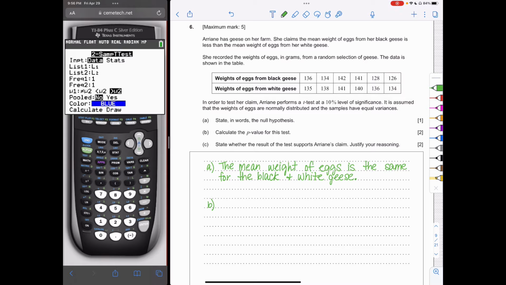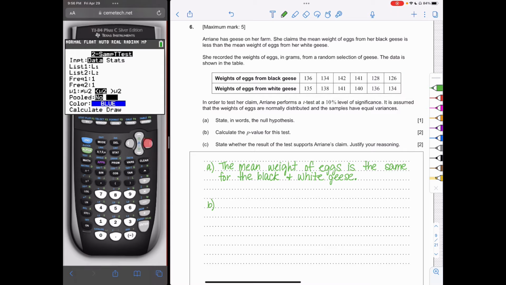My alternative hypothesis is saying that she claims that the mean weight of the eggs from the black geese is less than the mean weight of the eggs for the white geese. So I already know that for list 1 and list 2, that's set correctly. But for the alternative hypothesis, I should have mu sub 1 is less than mu sub 2 based off of the wording.